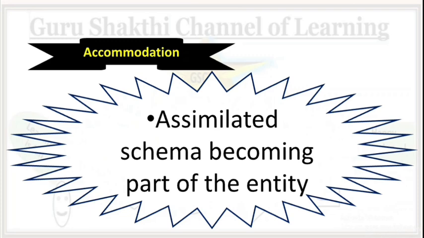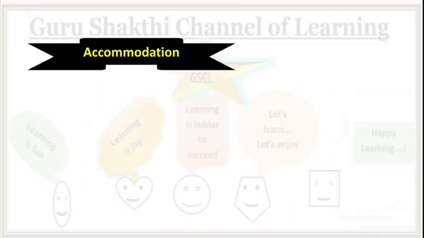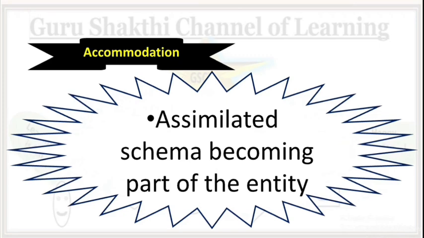In the illustration, it is the image of the cow, a new schema. Now, there is creation of another book in the shelf pertaining to animals, which is named as cow. This is accommodation. Assimilated schema becoming part of us is accommodation.